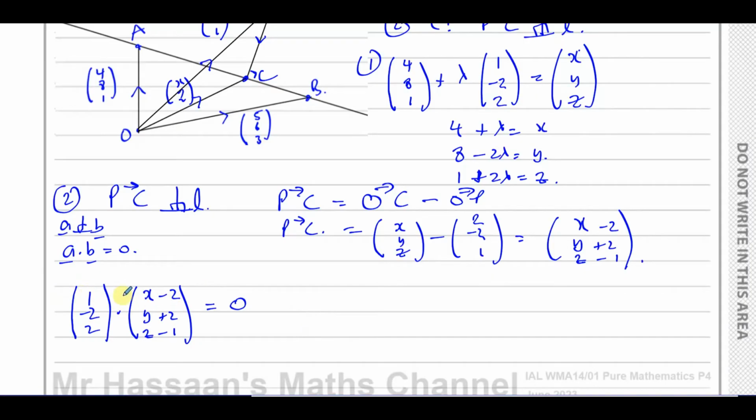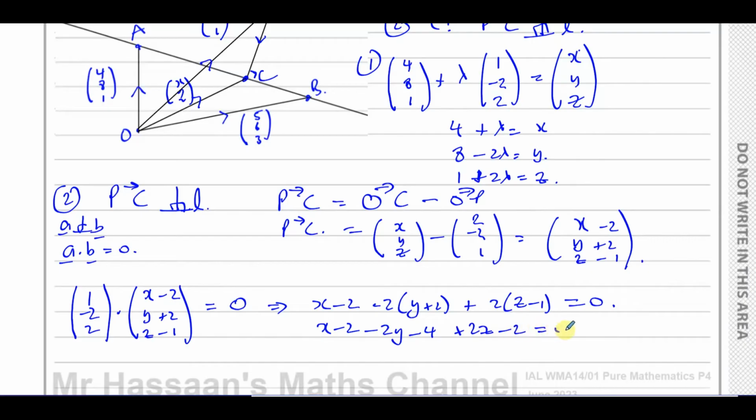Okay, so we can just do the dot product. You multiply the i components together, so you have x minus 2, plus minus 2 times y plus 2, plus 2 times z minus 1, and we know that's equal to 0. So this times this plus that times that plus that times that gives you 0. That's going to give you x minus 2 minus 2y minus 4 plus 2z minus 2 is equal to 0.